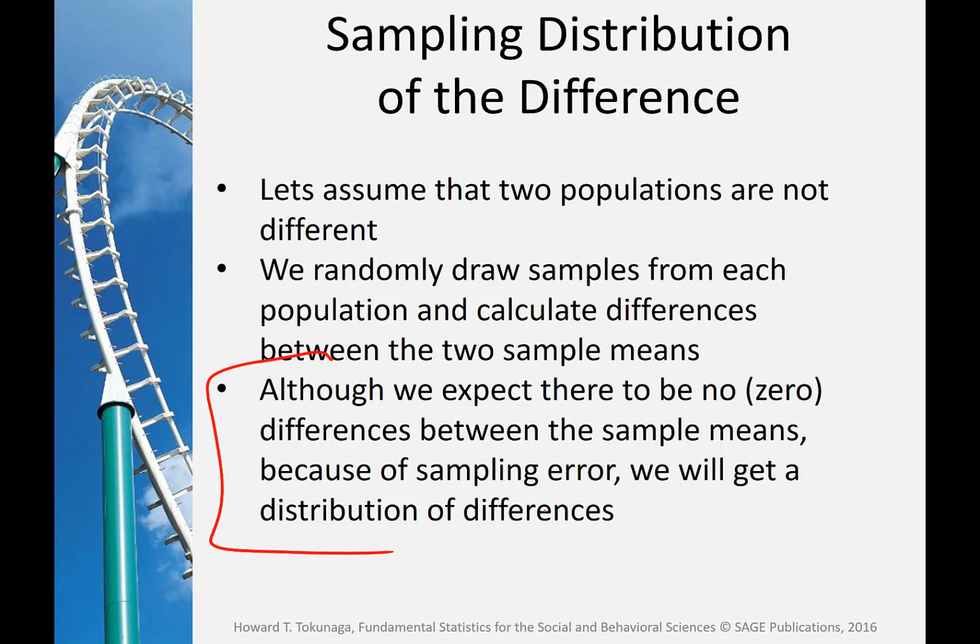Focus on this last point there. Although we expect there to be no difference, what is that thing that we really state, that we don't believe there's a difference? That's sort of our basis in social science, where we start from. It's the null hypothesis, right? The null hypothesis, the thing we're testing, is that in fact there is no difference between these two groups.